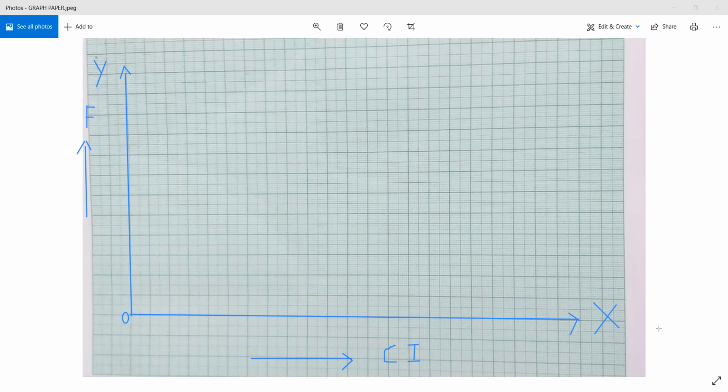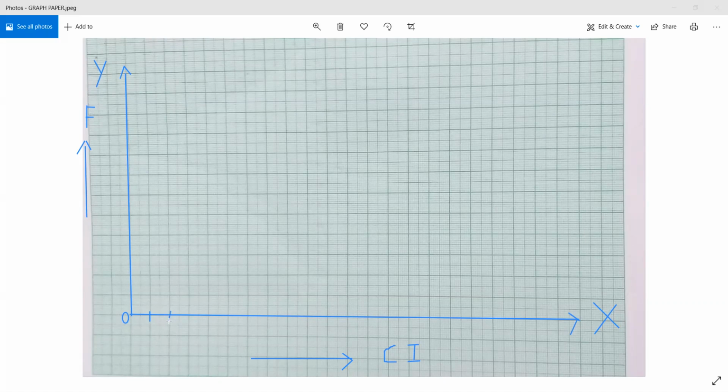Okay, so along OX the class interval, along OY the frequency. So now, as determined by the scale, we are to take 10 small squares or 1 unit for one interval.